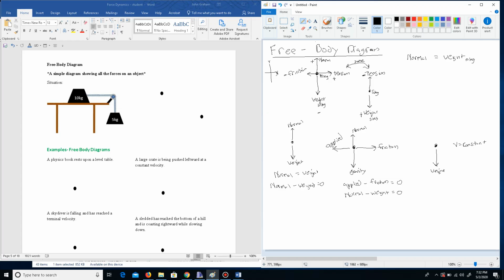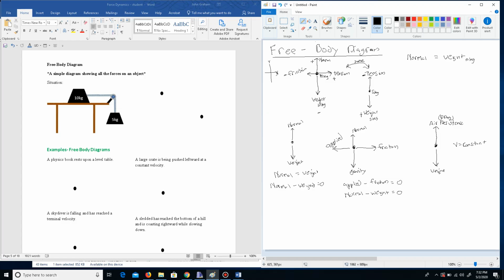It's not increasing anymore, and can't decrease. That means your forces have to be equal, which means this weight has to equal the air resistance, so air drag. And then you're at constant terminal velocity.